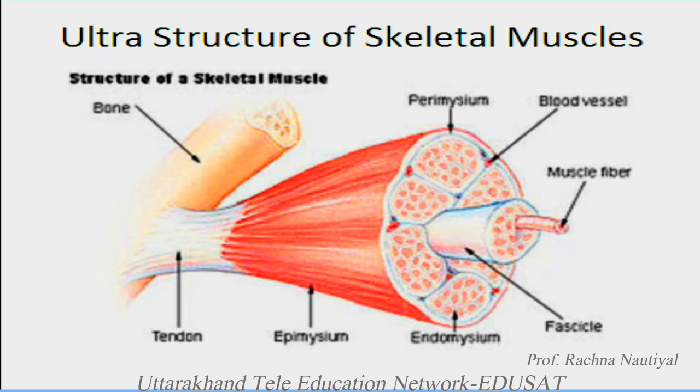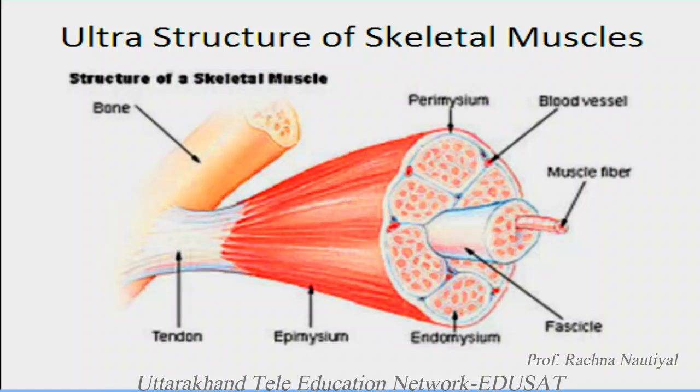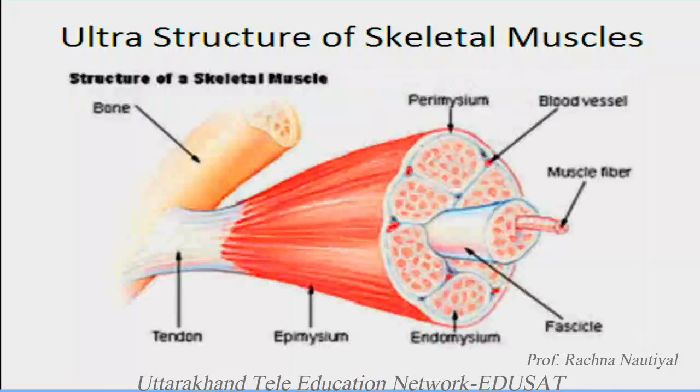So this is a very preliminary view of skeletal muscles. A little bit more description about this: skeletal muscles are sheathed by a tough layer of connective tissue called the epimysium. As I have said here, this is the epimysium. And then the epimysium anchors muscle tissues to tendons at each end. It is seen there in this picture.